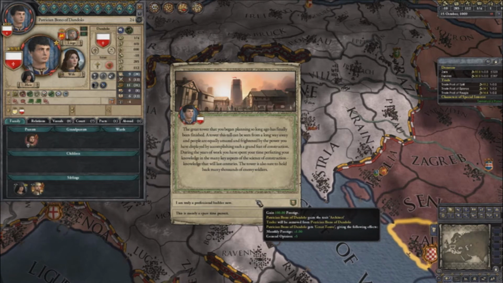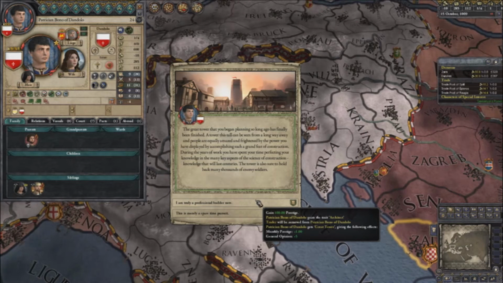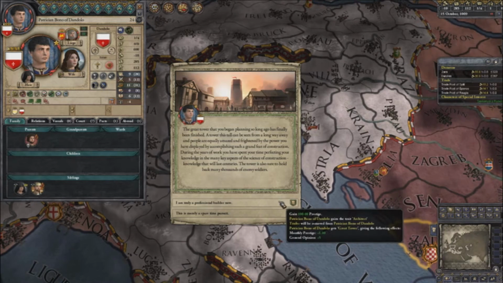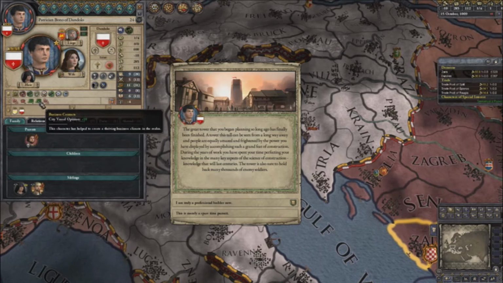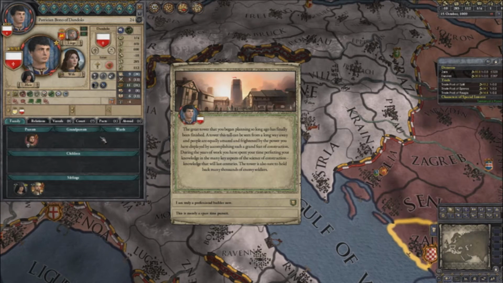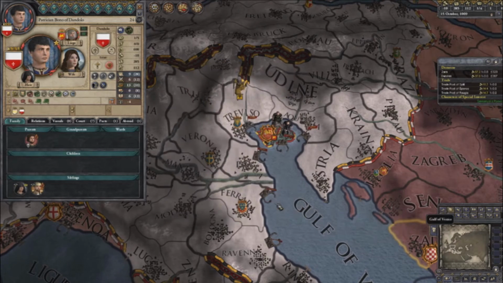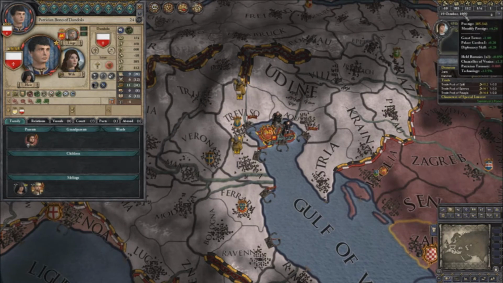We lose trader, and we get Great Tower, giving us plus 1 monthly prestige and plus 5 general opinion. So we don't actually have to worry about losing trader, because it gives us, as you can see here, plus 2 stewardship, which is also one of the things that architect gives us, so that will not change.